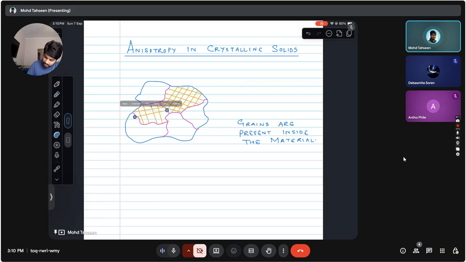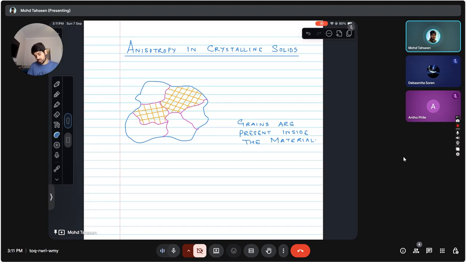It is the same crystal structure, same arrangement, but just reoriented, rotated with respect to the crystal structure in the other grain. And all these different reorientations generate our material.